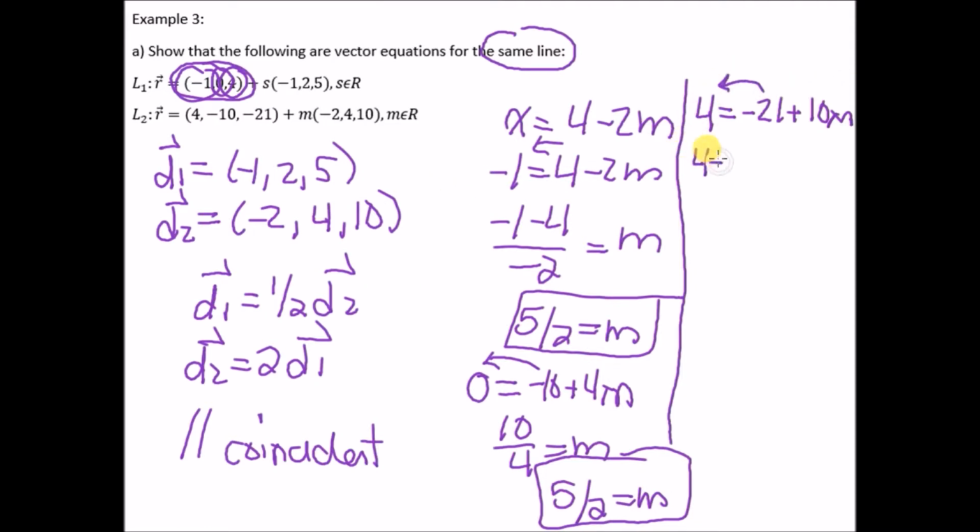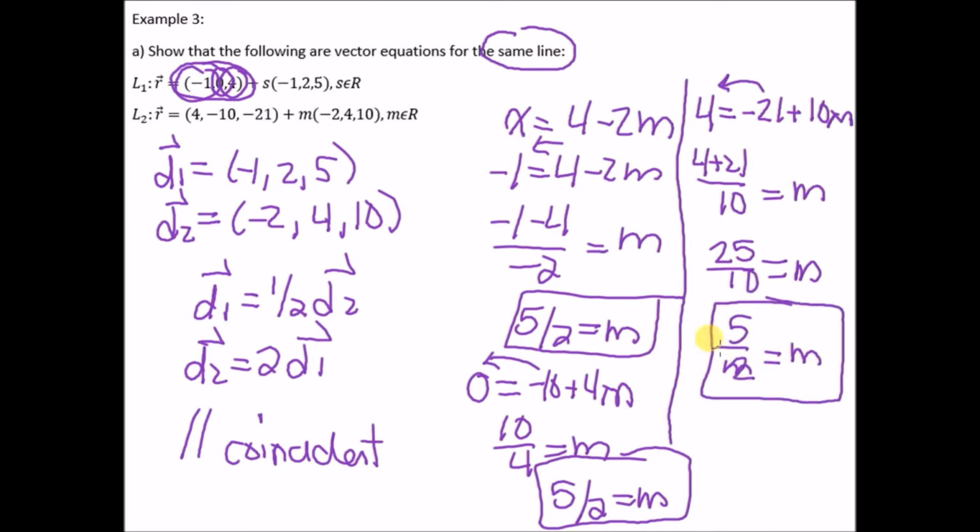We get 4 plus 21 divided by 10 equals m. So I get 25 divided by 10 equals m. Let's reduce that, divide both by 5. I get 5 over 2 equals m. Therefore, because I can get the same parameter with all three, and the direction vectors are multiples of one another, these are actually the same line.